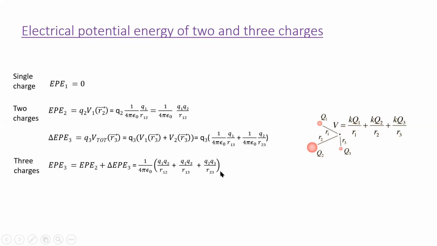So this is a nice symmetrical formula, as it should be, because none of the charges are special or different from the others. They appear symmetrically. We have all possible pairs, Q1 Q2, Q1 Q3, and Q2 Q3 over the corresponding distances. Okay, so this would be the formula for the electrical potential energy of 3 charges.